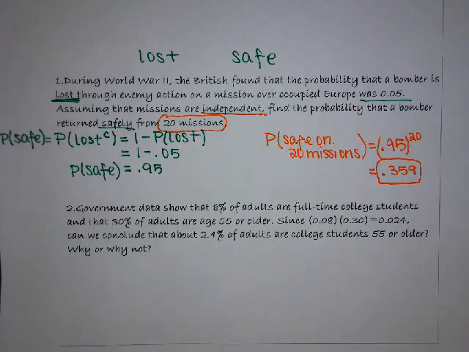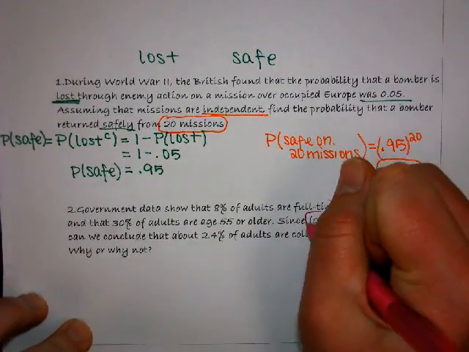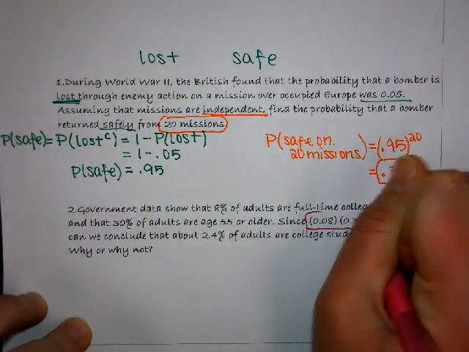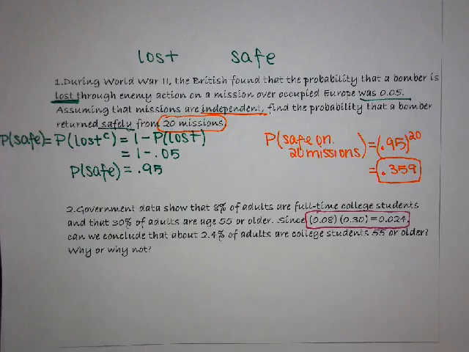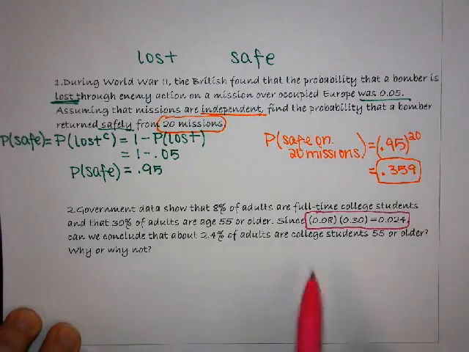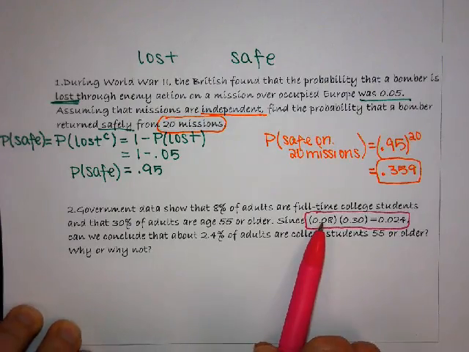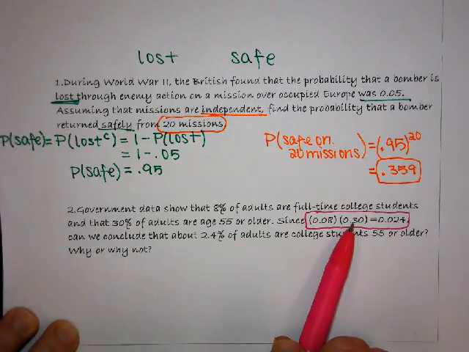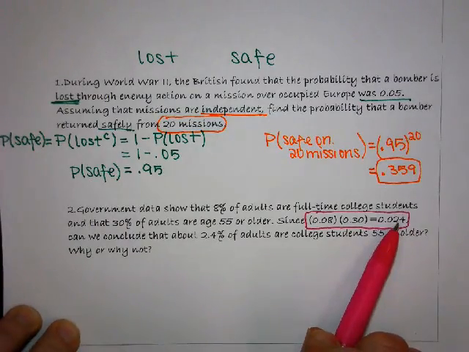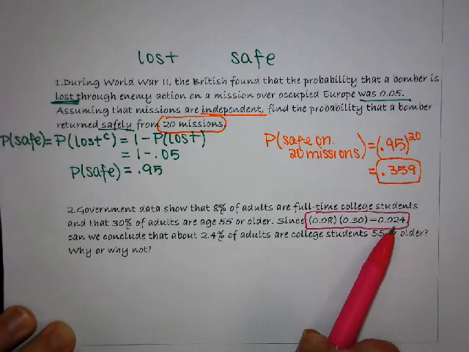So this right here is our general multiplication rule for independent events. They're saying that the probability that they're a full-time student times the probability they're 55 or older gives us the probability they're a full-time student and they're 55 or older. We cannot assume independence. Using this formula assumes it. If you can assume it, it's going to say it in the question, like up here in number 1.